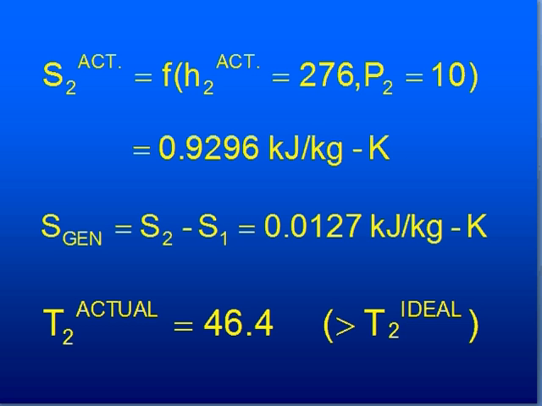And using the same sort of interpolation that we did before, we'll find T2 actual is a function of P2 and H2, and it's 46.4, which is greater than it would have been had it been an ideal process. Again, the energy dissipated winds up in the fluid leaving the compressor in this case, and it raises the temperature leaving the compressor.